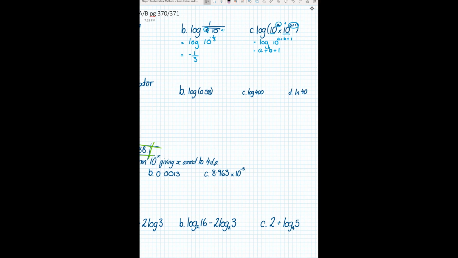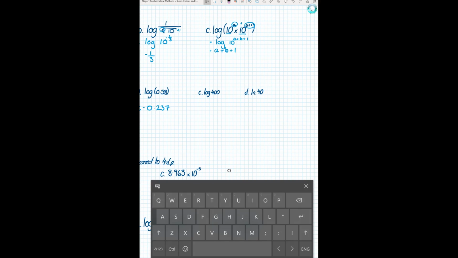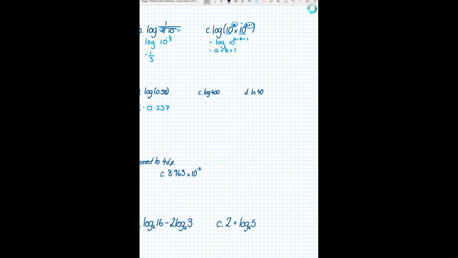The log of 0.58 is around about minus 0.237. The log of 400 is approximately 2.602.